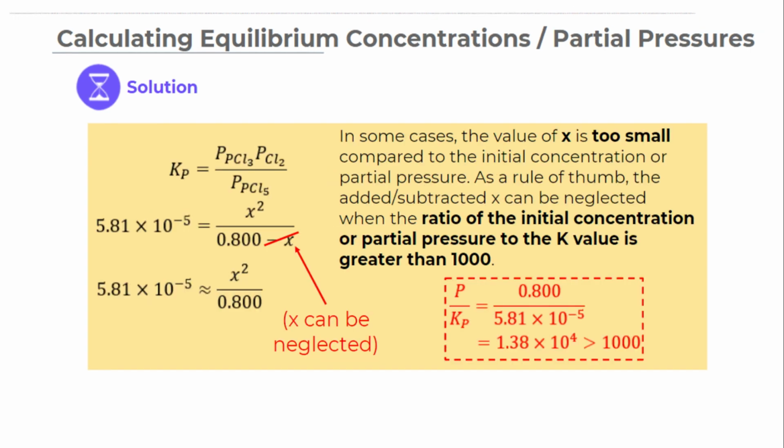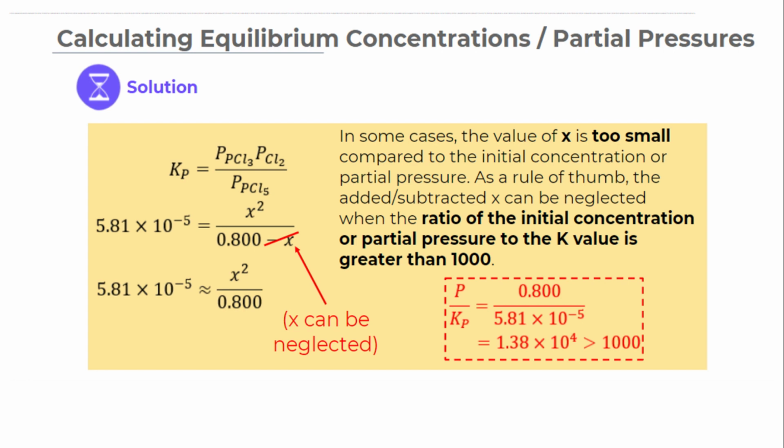Write the Kp expression for the reaction. Substitute the equilibrium partial pressures we have established. In some cases, the value of X is too small compared to the initial concentration or partial pressure. As a rule of thumb, the added or subtracted X can be neglected when the ratio of the initial concentration or partial pressure to the K value is greater than 1000.